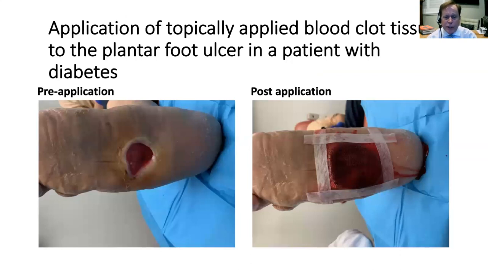Here's an example of what this would look like on the plantar aspect of a patient's foot with diabetes. This patient had a very stable Charcot arthropathy with a non-healing wound. You can see that the wound is beefy red, so this wound was clearly prepared to accept an advanced therapy. And that's a very, very important concept behind wound bed preparation.